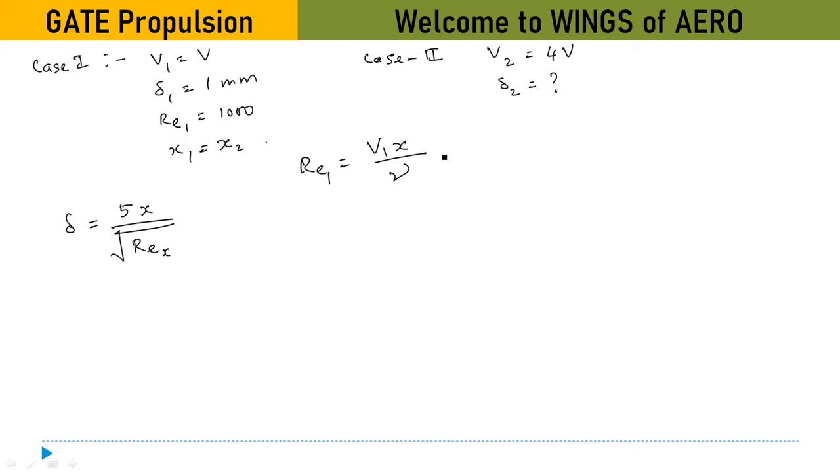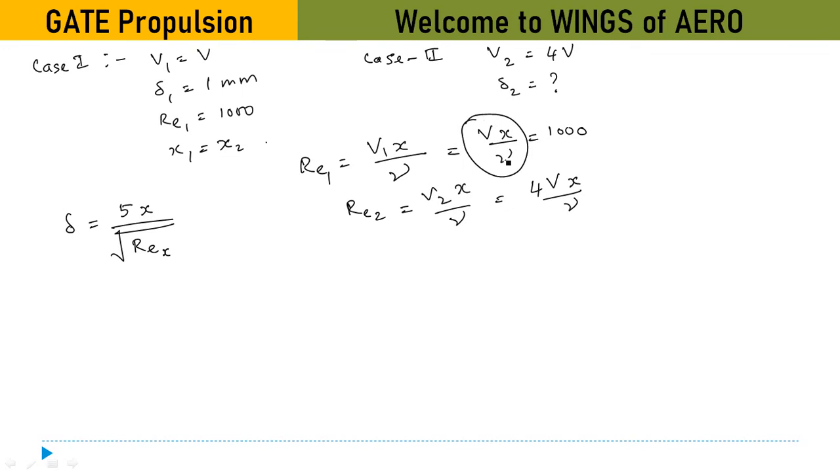Now if I consider how this Reynolds number and del are related, del is inversely proportional to root over of Reynolds number. Therefore I can say del 1 by del 2 equals root over of Re of x2 by Re of x1.